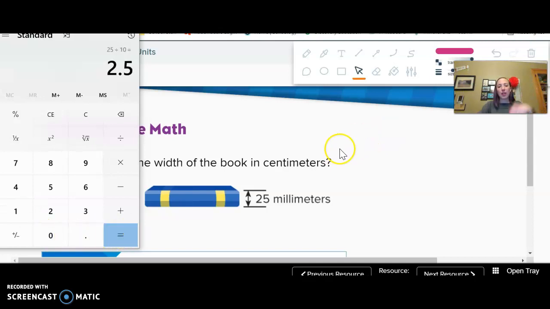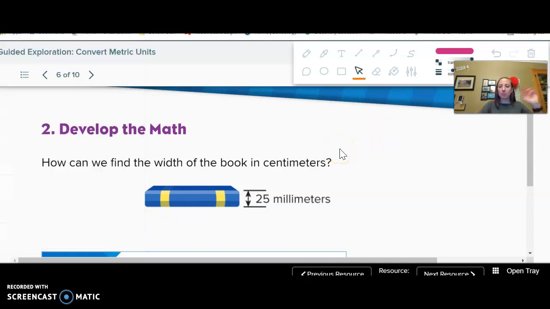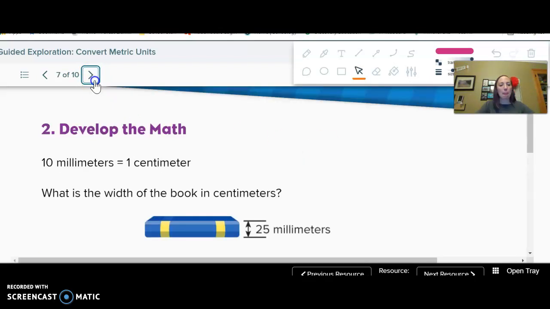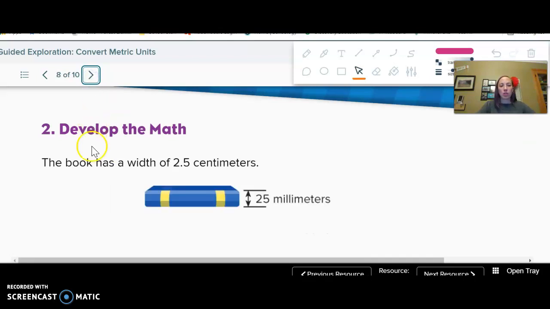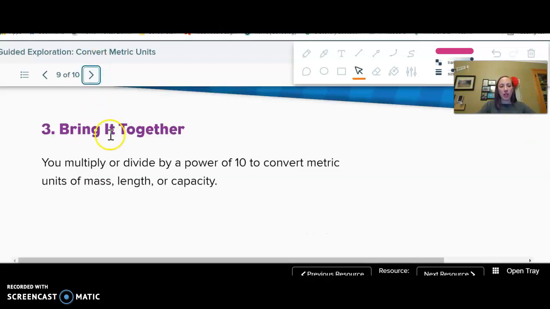So 2.5 centimeters, which makes sense. If I think about centimeters like the width of your pinky, millimeters are tiny. That makes sense that I'd have 25 millimeters in 2.5 centimeters. So then, if that's the case, we know that it would indeed be the book.